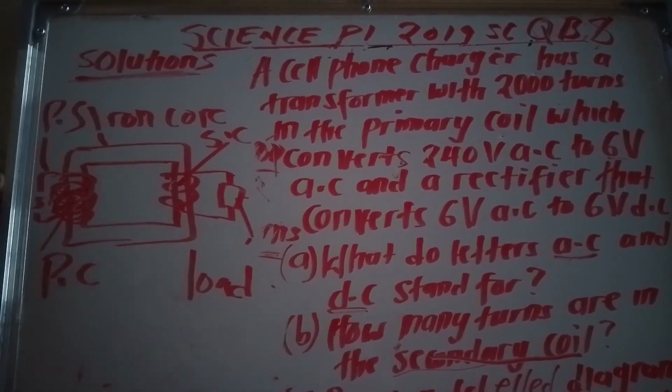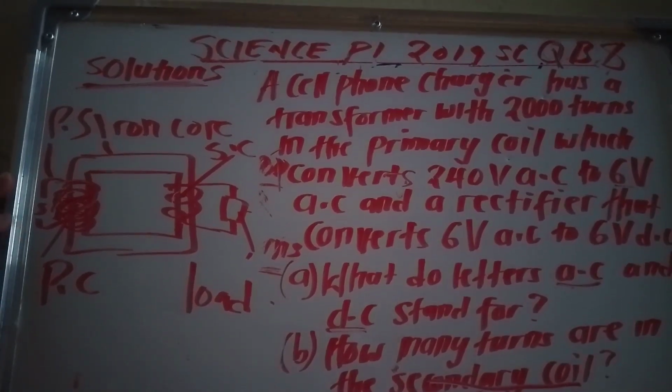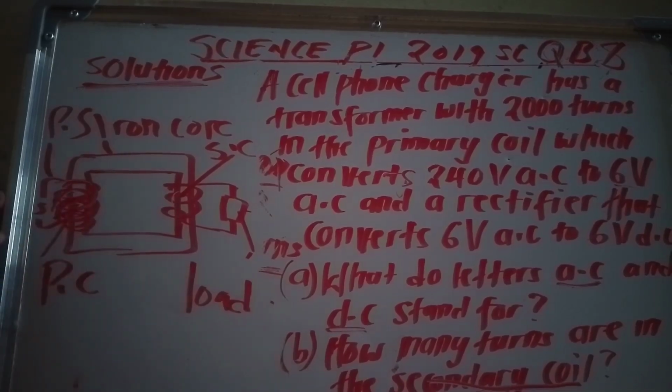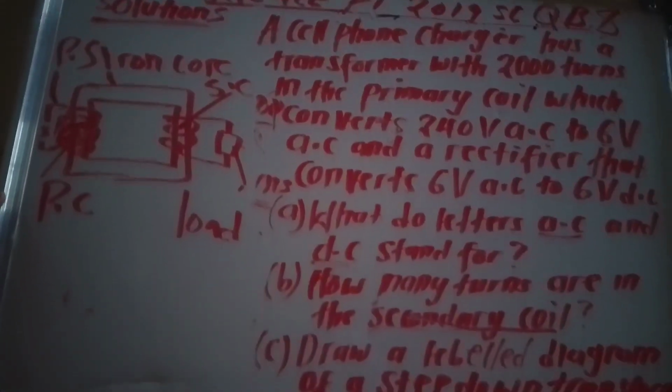That's why it is called a step down transformer. I'm sure you're getting it. It is called a step down transformer because it reduces voltage due to the fact that it has more turns in the primary coil as compared to the number of turns in the secondary coil.